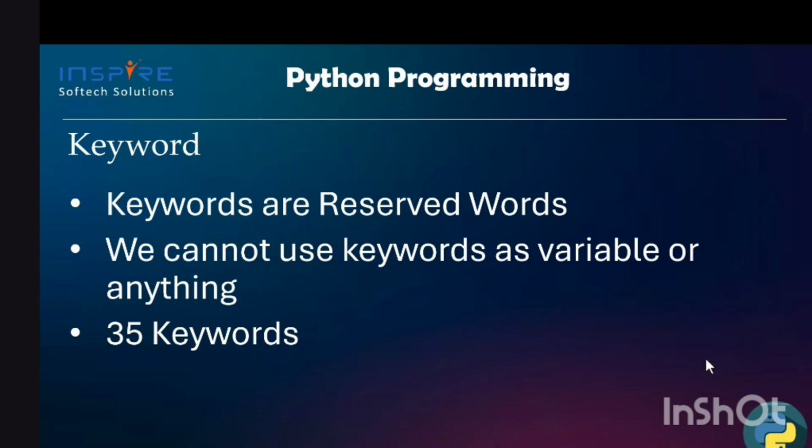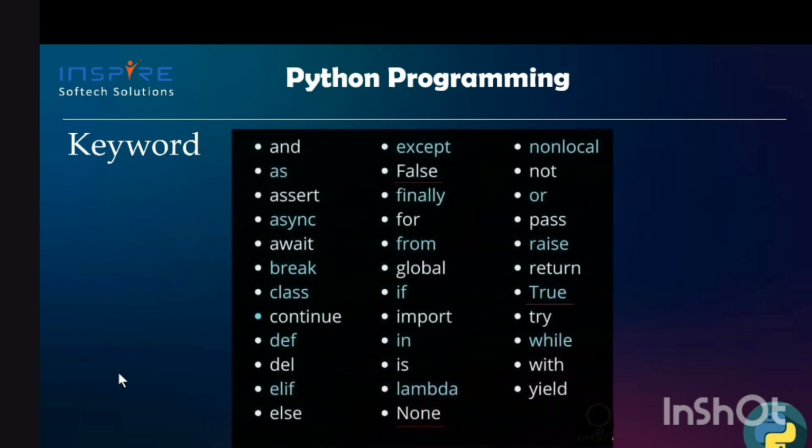In Python, reserved means we write them in the particular way they are defined: all letters in small case, or some letters in small case and some in capital case, or all in capital.